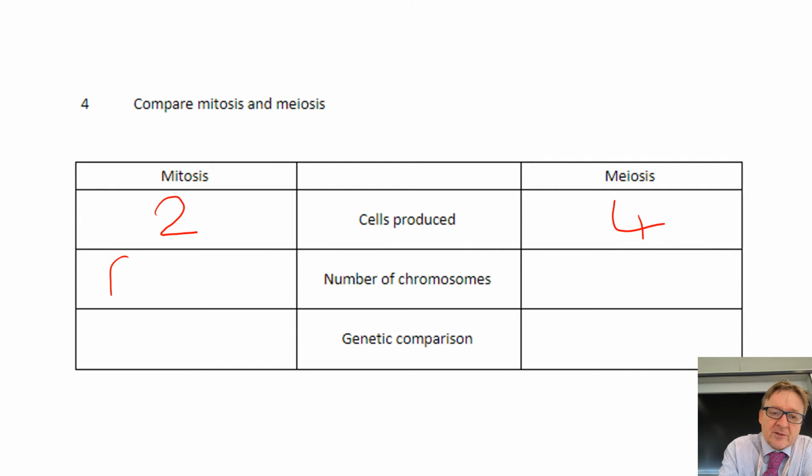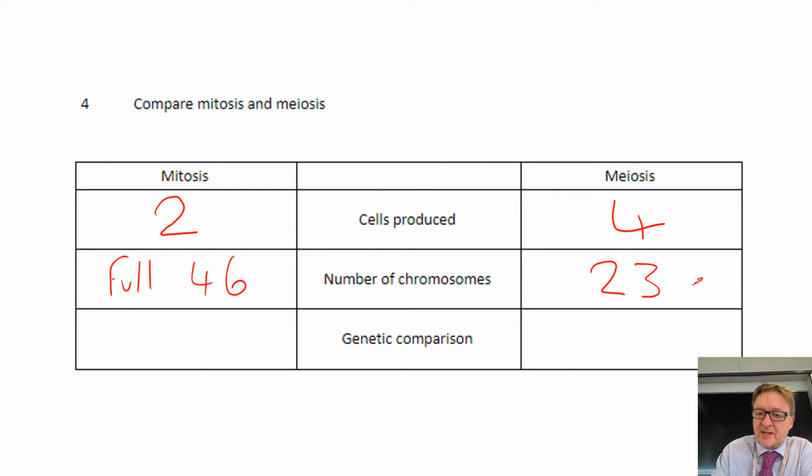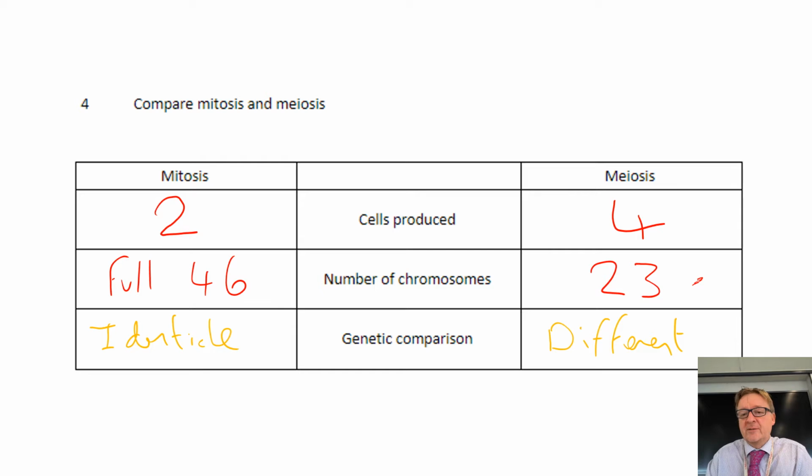The number of chromosomes in humans, you'll get a full 46, and in meiosis, you'll get 23, which is the sex cells, sperm and egg. The genetic comparison is that all of the cells are identical in mitosis. In meiosis, there is variation, which means there are differences between them.